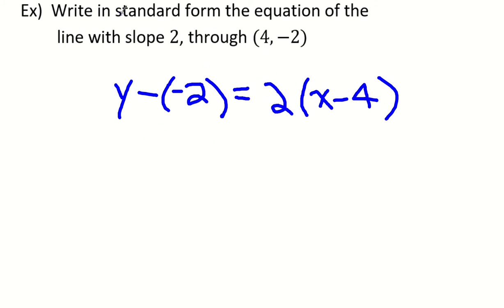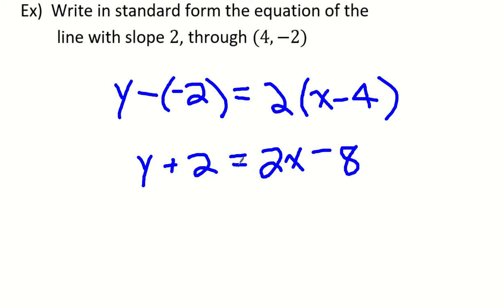But again, they want standard form, so I have to keep this going. I'm going to say that's plus, and I'm going to distribute. Ouch. That's all right. So distributing the 2, this is basically y plus 2. So remember, standard form, right?